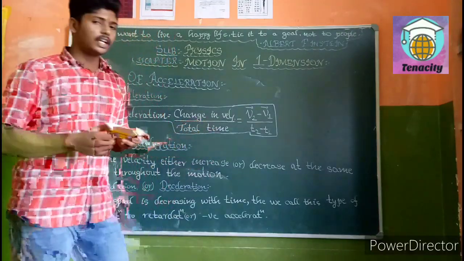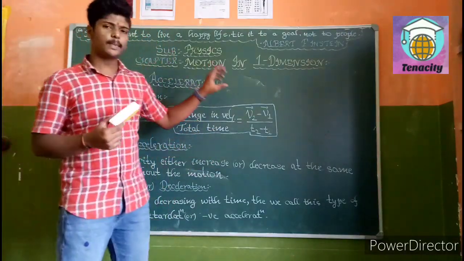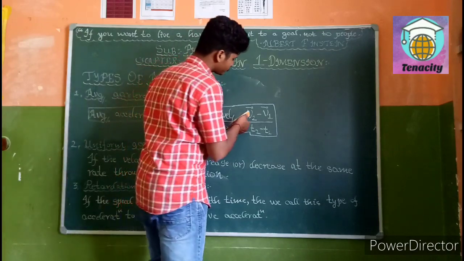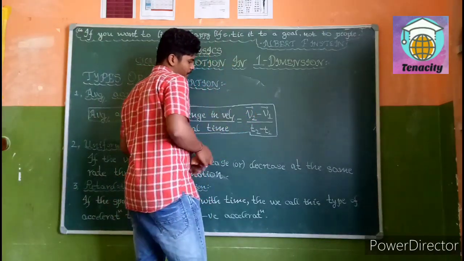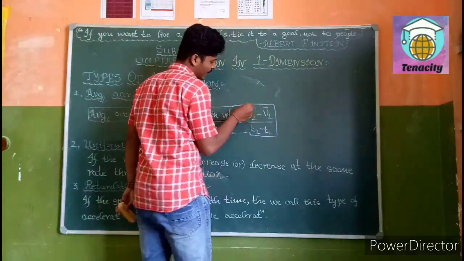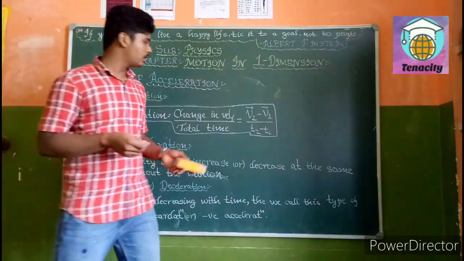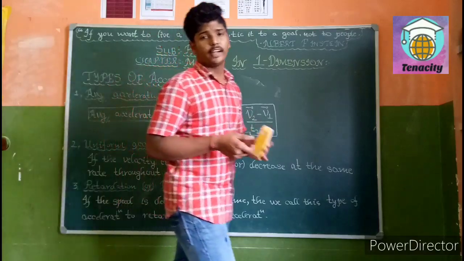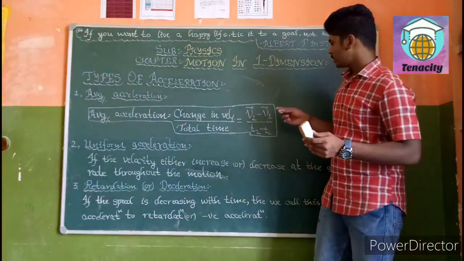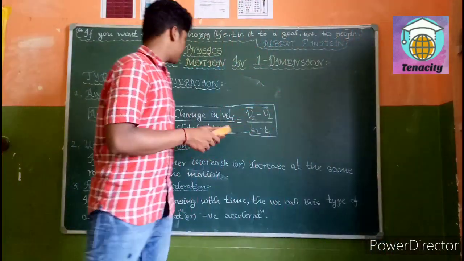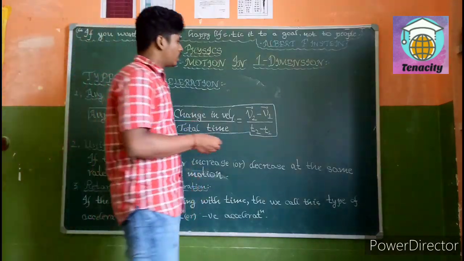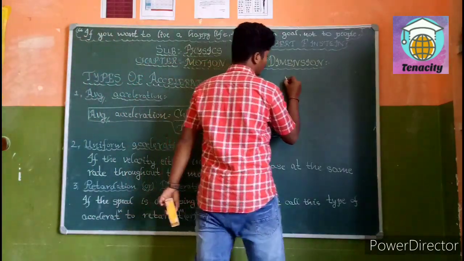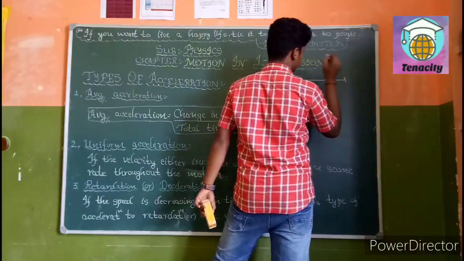While calculating average acceleration in one dimension, there is no need to write the arrow mark, because you are calculating it in one dimension and the vector form doesn't affect you that much. So let us discuss an example related to average acceleration, considering a 1D motion.